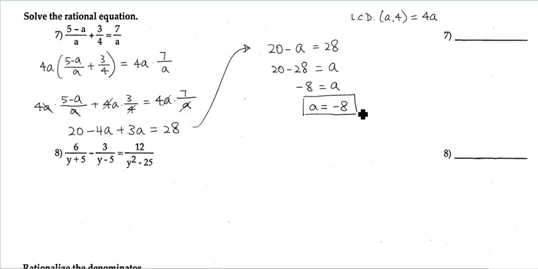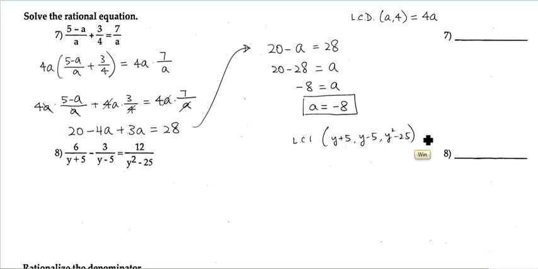Take a look at number 8. We have an equation involving fractions. So we take a look at the LCD. What would be the LCD of y plus 5, y minus 5, and y squared minus 25?